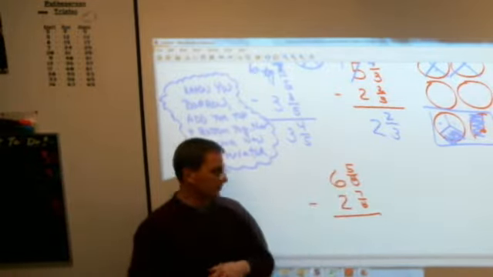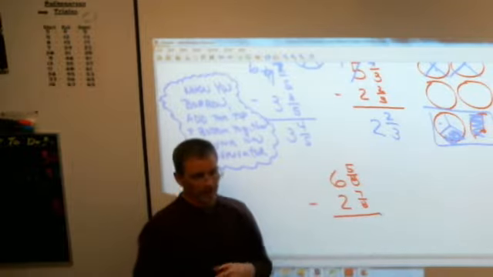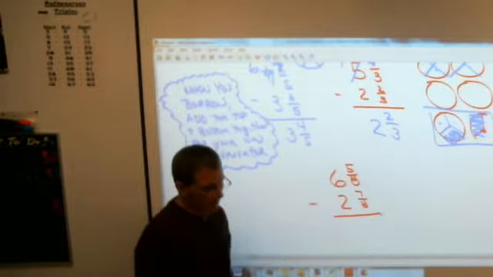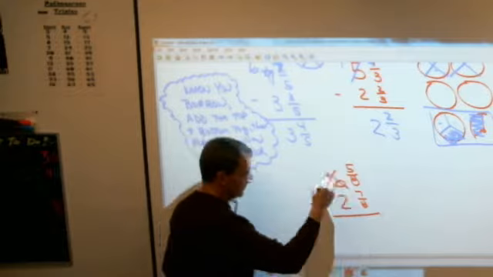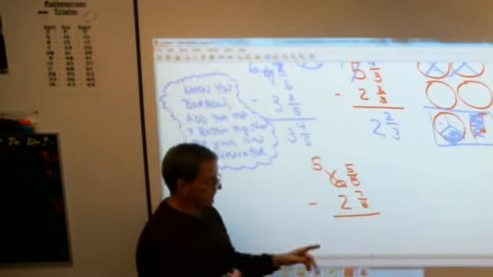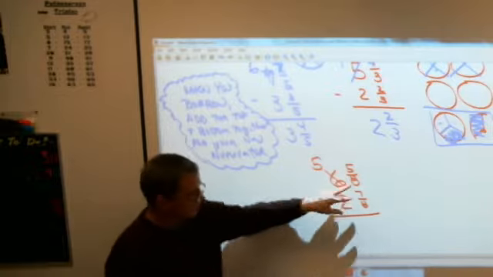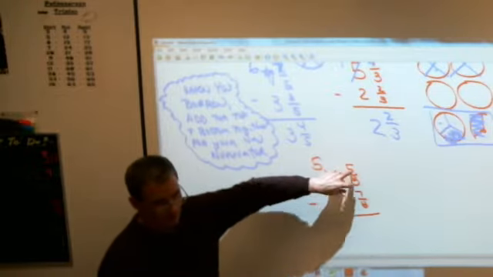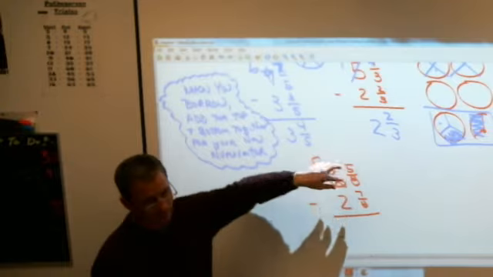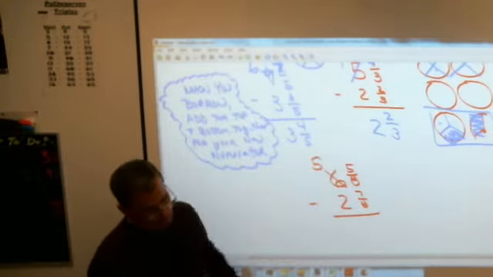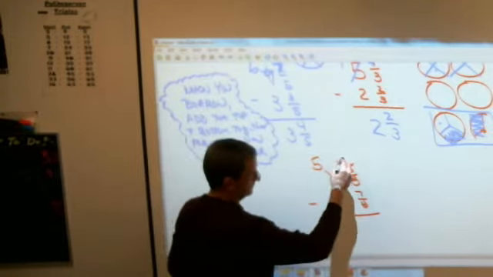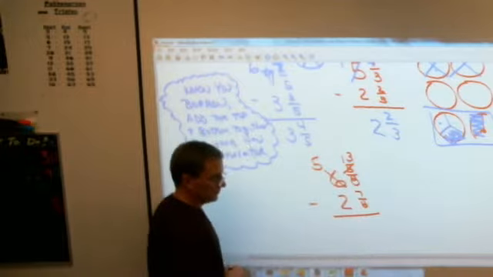So I'm going to borrow from the 6 because I need more fraction over there. So the 6 becomes a 5. The question is, what is my new top number on the fraction there? And the rule is you simply add these two numbers together and that will be your top, which is 13. And then you can do your subtraction.